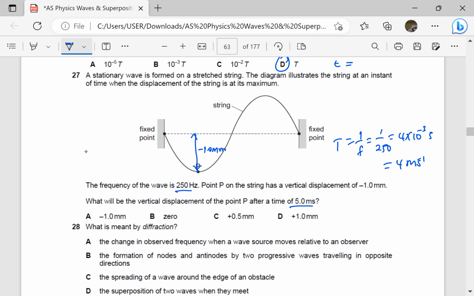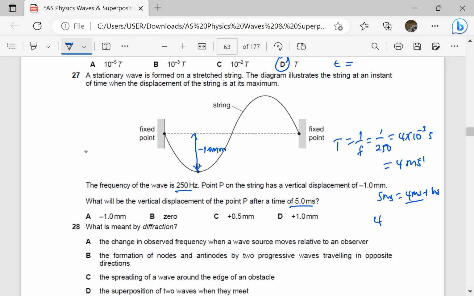So what will be the vertical displacement of the point P after time of 5 milliseconds? We are saying the period is 4 milliseconds. So that means 5 milliseconds is equal to 4 milliseconds, that is 1 complete cycle plus 1 millisecond. And 1 millisecond is going to be a quarter.